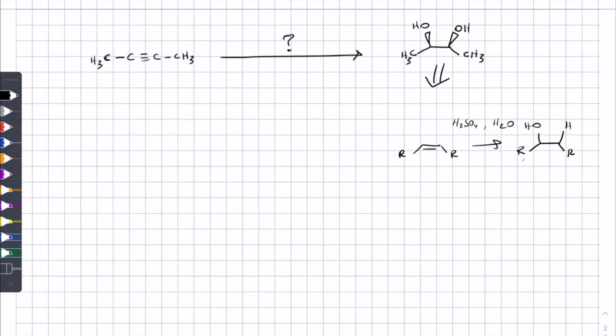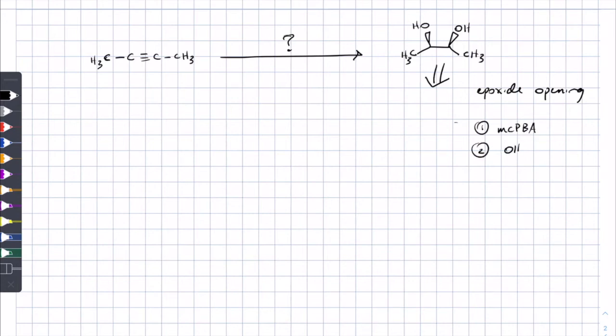Others? If you can get the epoxide, then you can open it with the OH and H2O. Oh, okay. So what about epoxide opening? Because we talked about using MCPBA to make an epoxide and then opening it up with like hydroxide and water. Okay, now the question is, what kind of alkene would we need to start with? We've got to get the stereochemistry right.